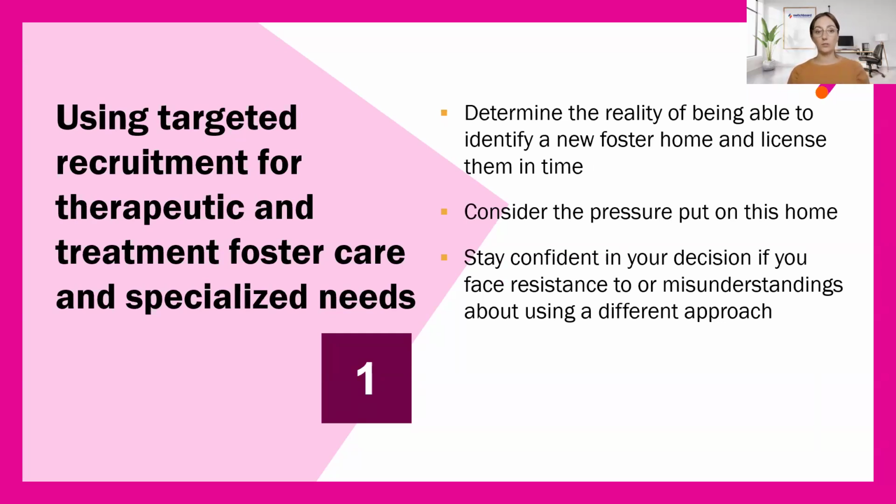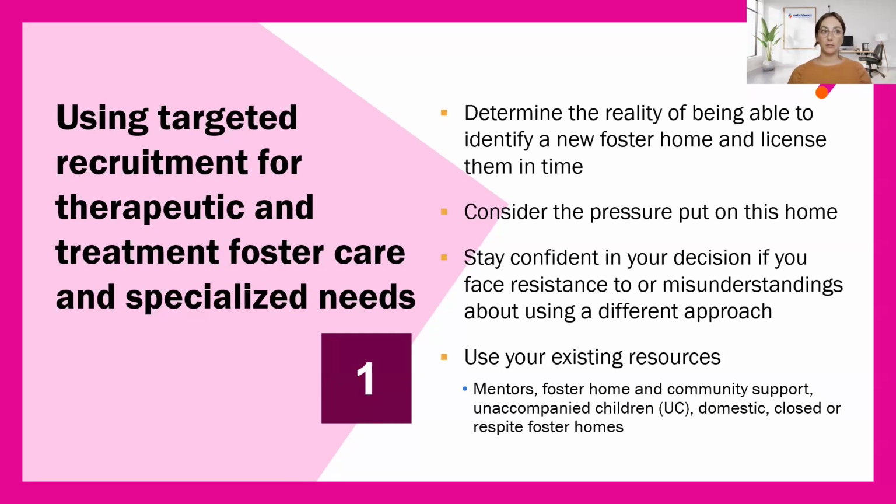If you are approached with one of those immediate needs as a recruiter or recruitment staff, stay confident in that. You know what works best for your programs. You know how it takes time to build foster homes that can welcome these needs. So start by using existing resources.